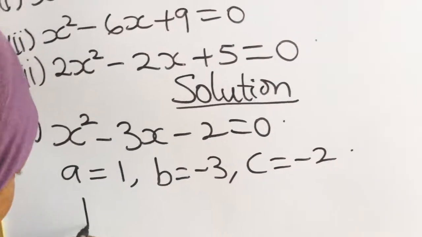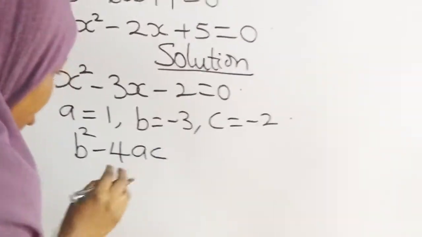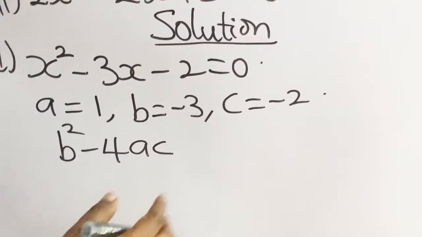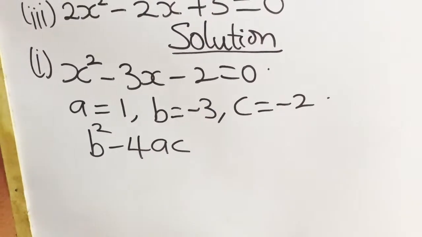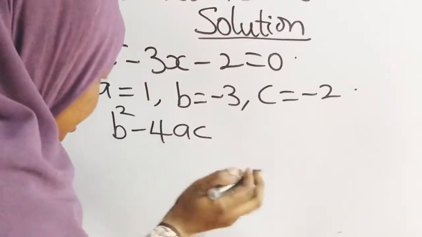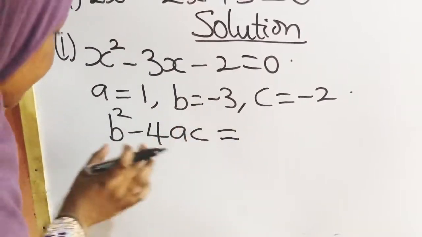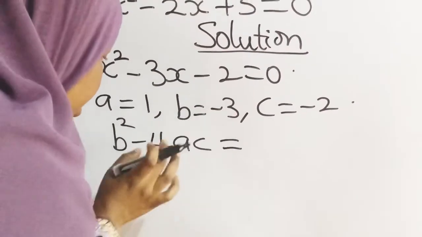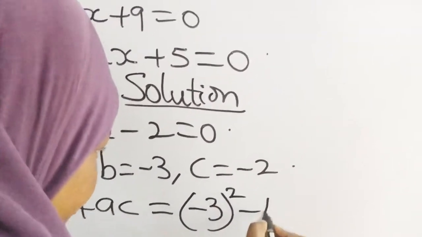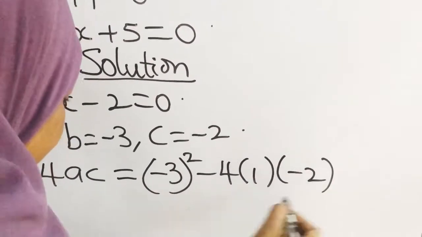And we need b squared minus 4ac, which is the discriminant, so that we know whether it is greater than 0, less than 0, or equal to 0. That is what we want to determine now. Anywhere we see this, we need to substitute the values of A, B, and C. So B here is minus 3: minus 3 squared minus 4 multiplied by 1 multiplied by minus 2.